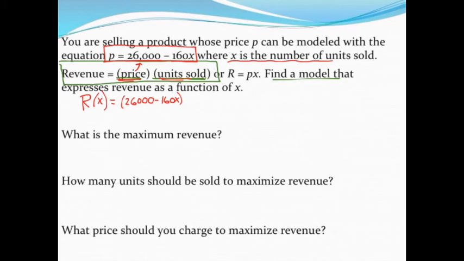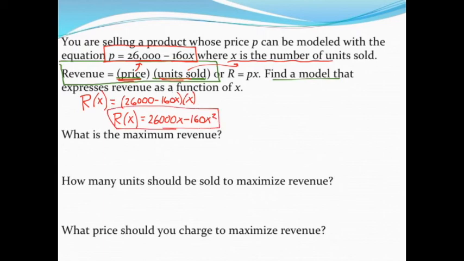Well, remember, we just said x is the number of units sold, so I just multiply this by x. It's a weird way to set up the problem, but it's pretty easy once you see what to do, which means that if I distribute, my revenue function is going to be 26,000x minus 160x squared.